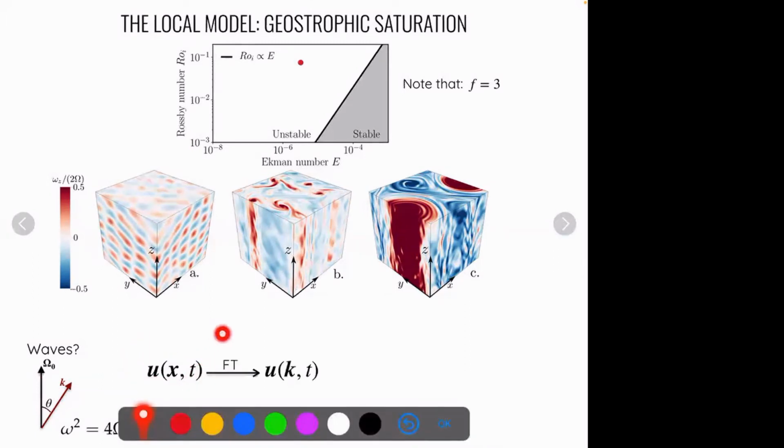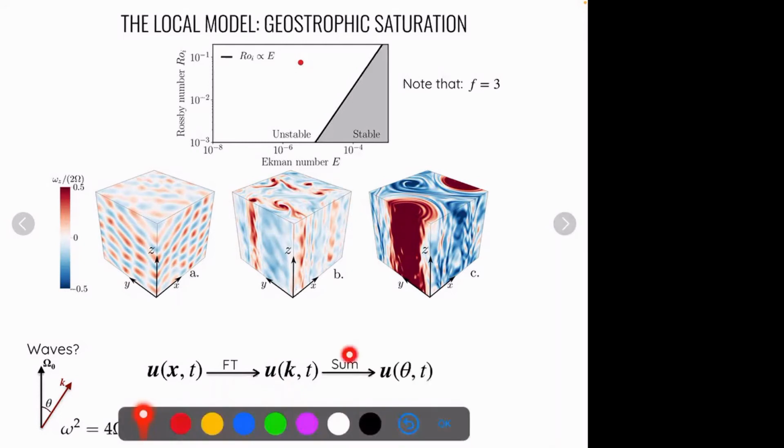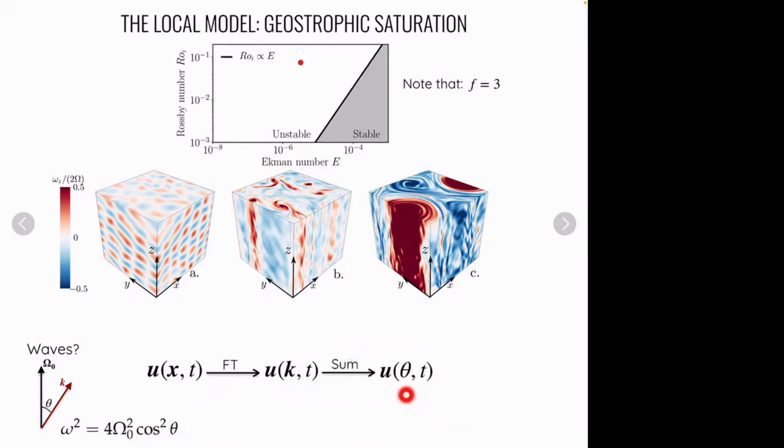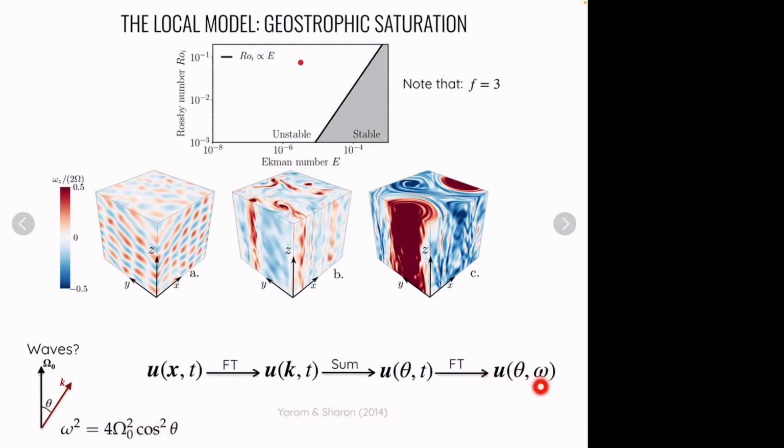We do a first Fourier transform to get the flow as a function of the wave vector k, and we integrate this flow on the k that have the same angle theta, and that allows us to have a representation of the flow as a function of theta and t. And we do a last Fourier transform, this time in time, along the time axis, to get a representation of the flow as a function of theta and omega.